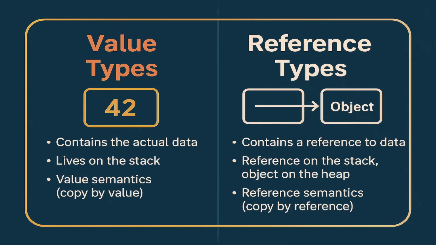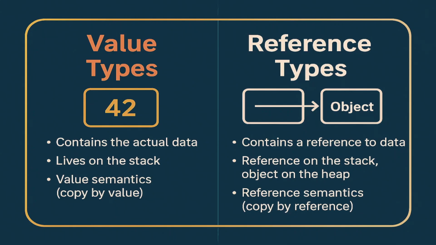So a reference type contains a reference to another thing. That other box is where your data is stored. Imagine the box which has 42 on the left hand side, and replace 42 with an object: that would represent a reference type, where your data is stored somewhere else, but you have a reference.